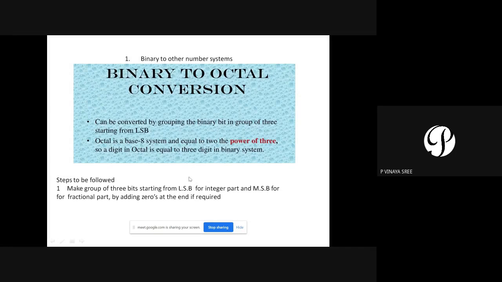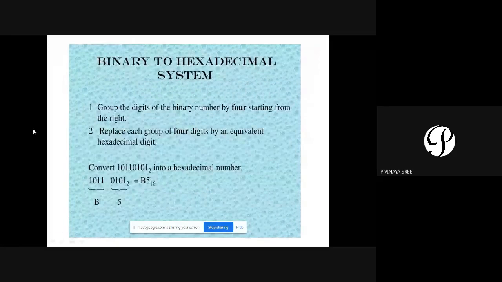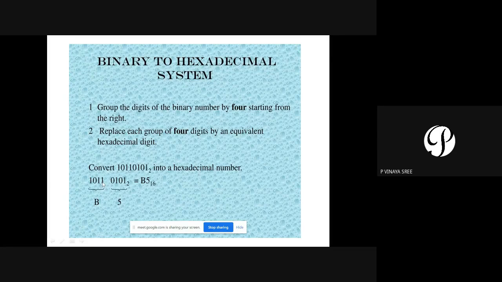See here, let me show. In this 1011, see my cursor position: this position is the MSB part and this position is the LSB part. From next time onwards I will not say start calculating from the right side or left side.